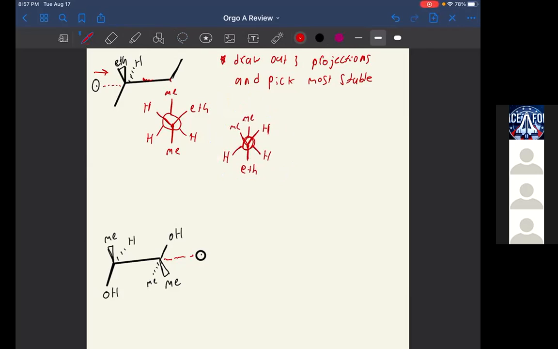Let's do this again, one more. The hydrogen would end up here, ethyl here, and methyl here. Methyl, hydrogen, hydrogen.